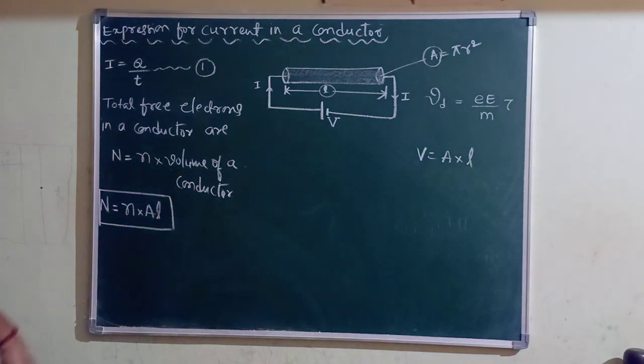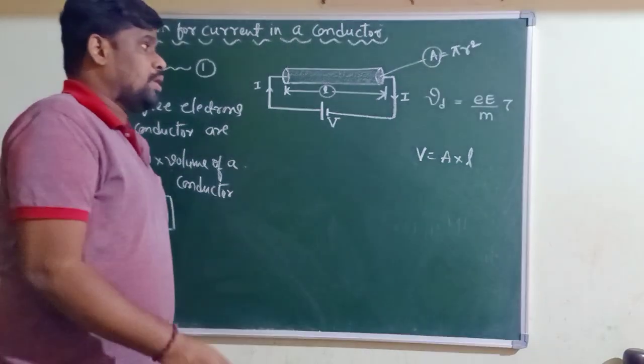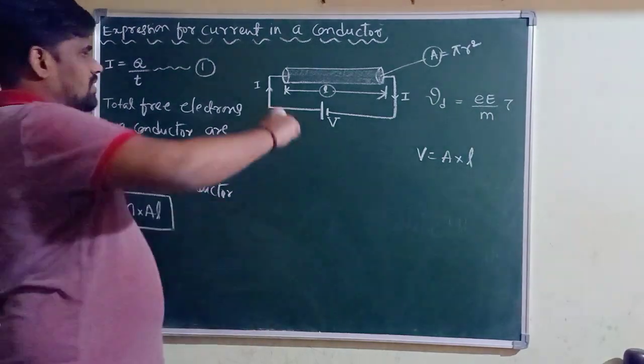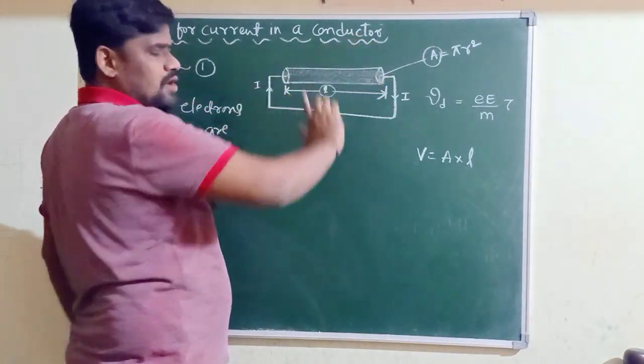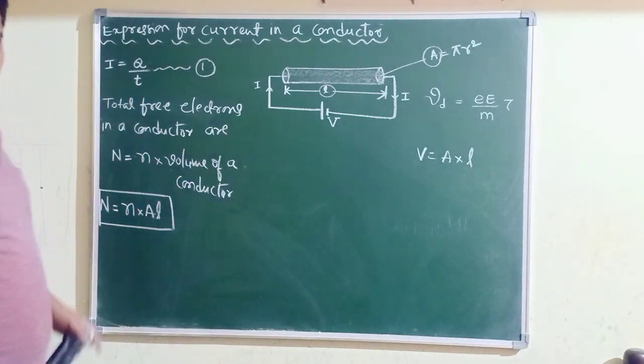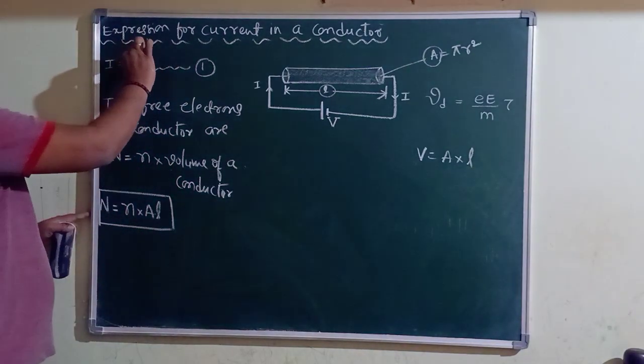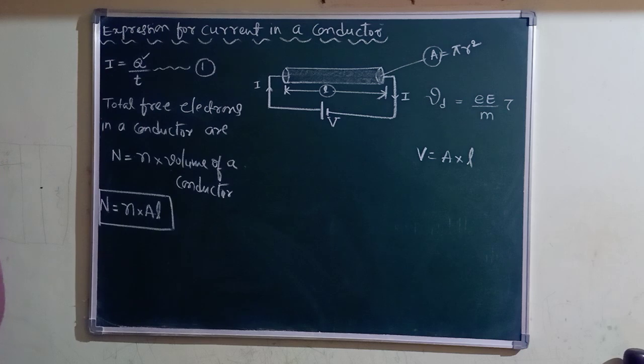First, we have calculated the number of free electrons which are flowing from one end of a conductor to what? Another end of a conductor. But our aim is to determine total charge which is flowing through a conductor.